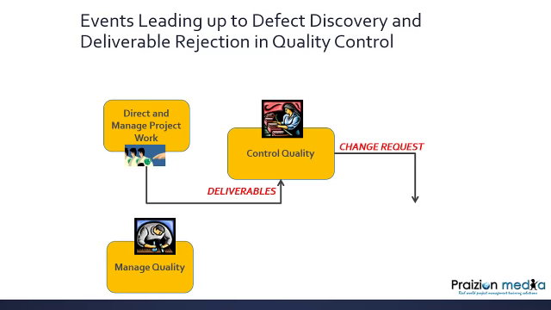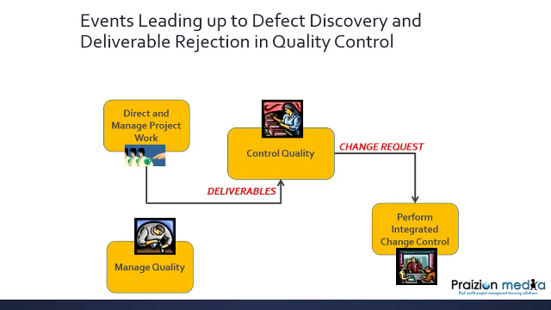Now, this change request is going to take a trip to a process called Perform Integrated Change Control. See? And in Perform Integrated Change Control, this is where the change control board, if there is one, will be involved in reviewing the change request. So the lady on the conveyor belt finds something wrong. There's a big old change request for it.